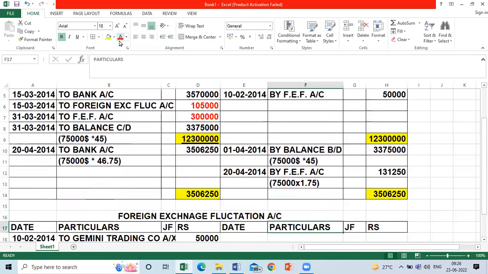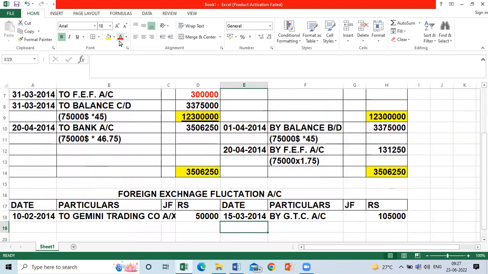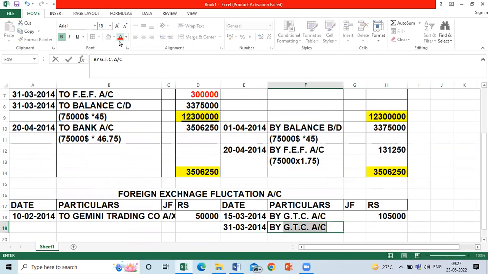Their second effect here: 15th March 2014, by Gemini Trading Company account (I am writing it short, you write it in full), 1,05,000, and again 31st March, by Gemini Trading Company account, 3 lakh rupees.